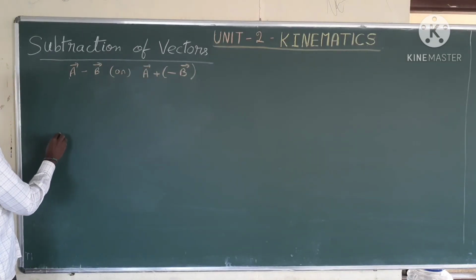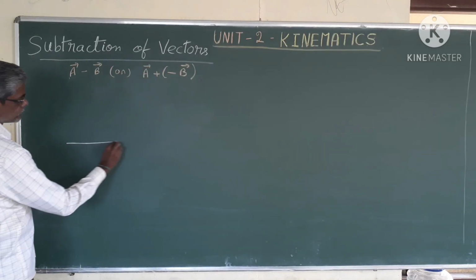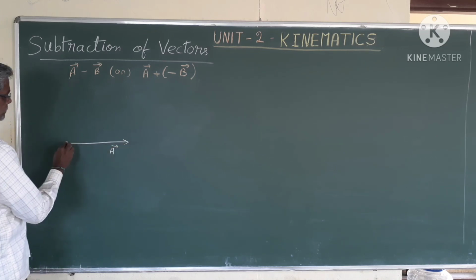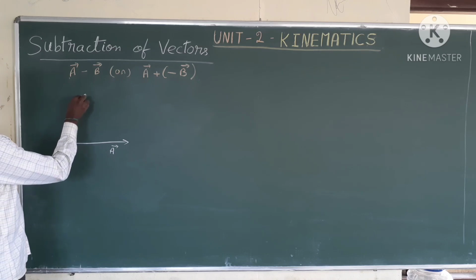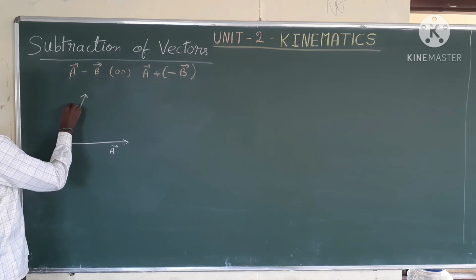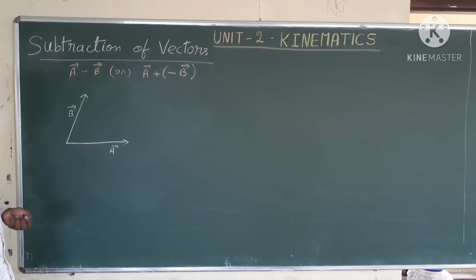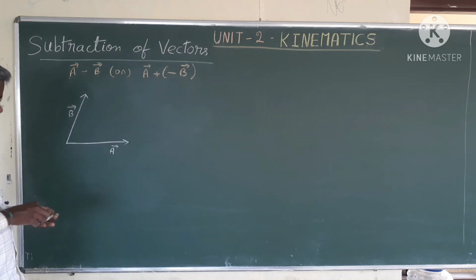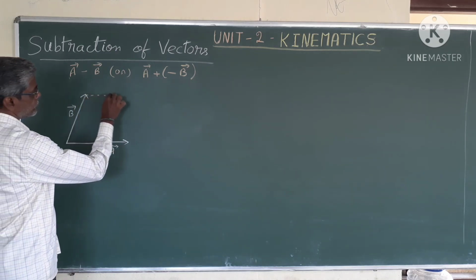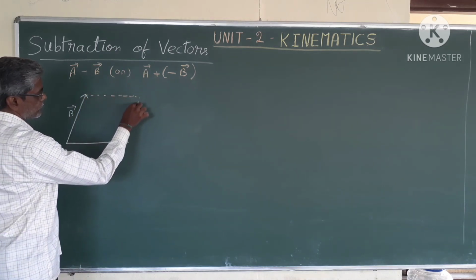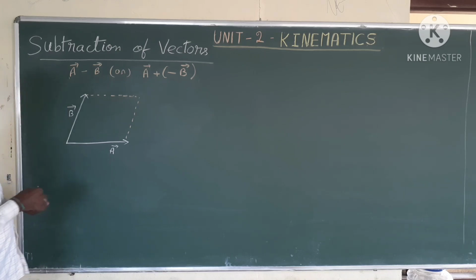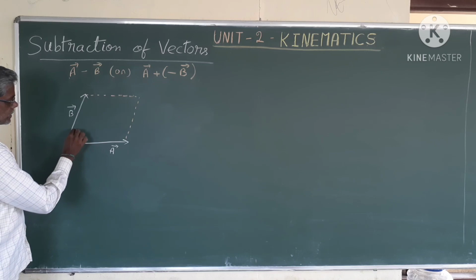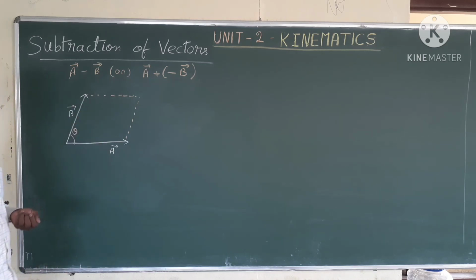Now let us consider two vectors. This one is a vector, this one is b vector. Now consider a parallelogram. These two vectors make an angle theta.